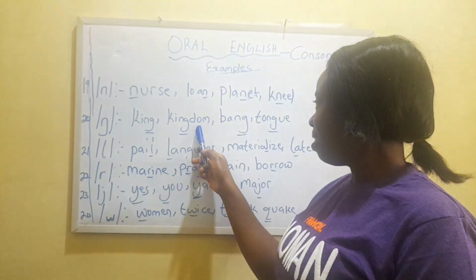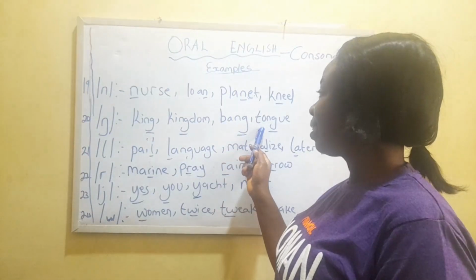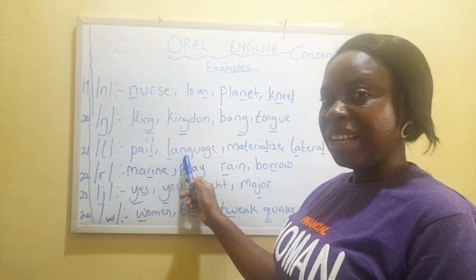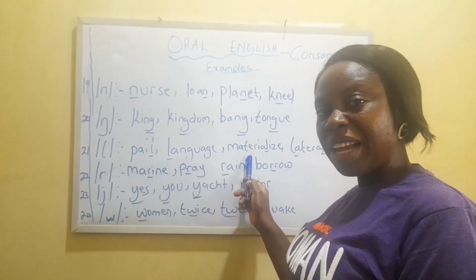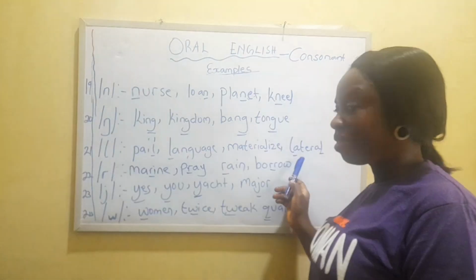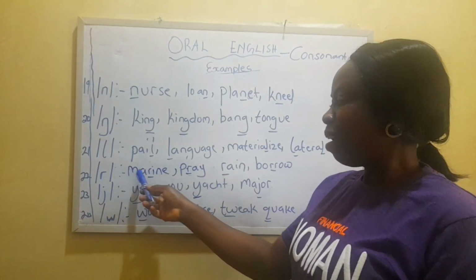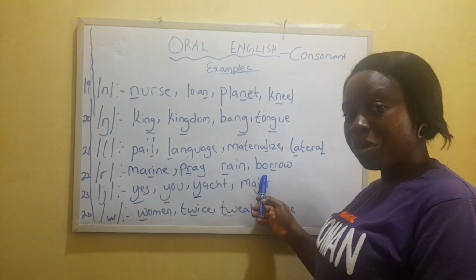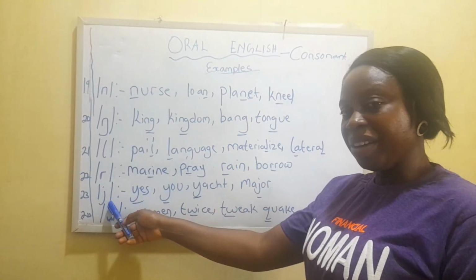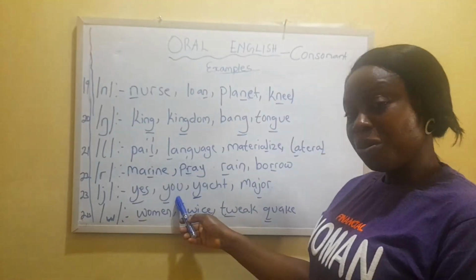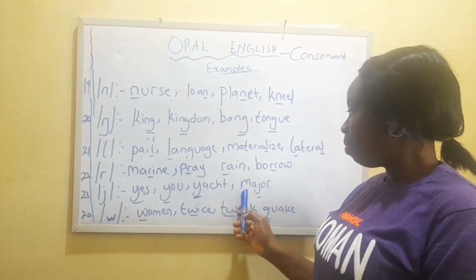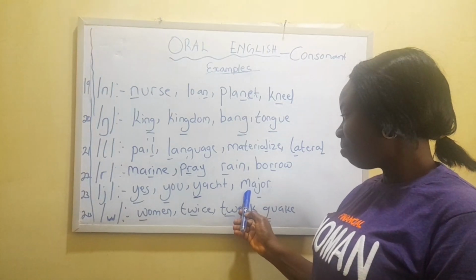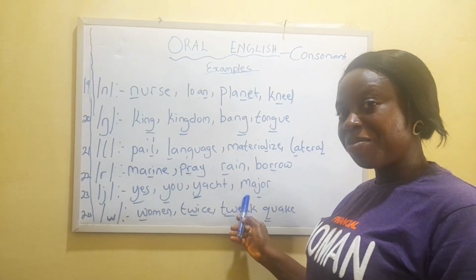King, kingdom, bank, tongue. Pill, language, materialize, lateral. Marine, pray, rain, borrow. Yes, you, yacht, mayor. Major.